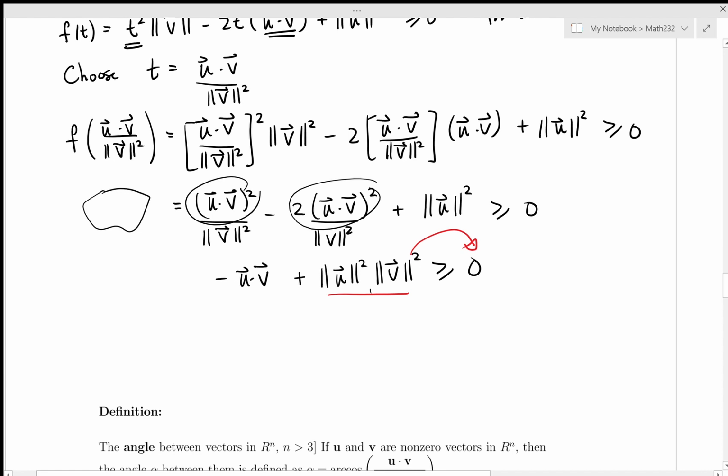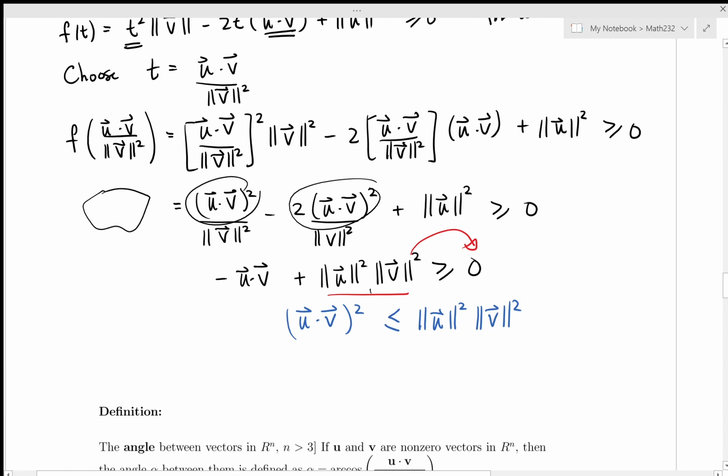When I do that, I reverse the inequality. And I end up here with the fact that u dot v, squared, is less than or equal to the norm of u squared times the norm of v squared.